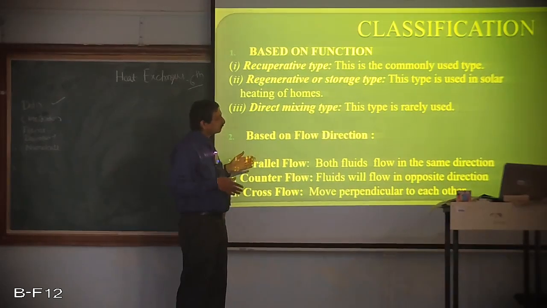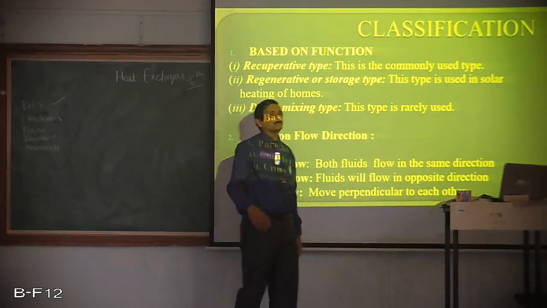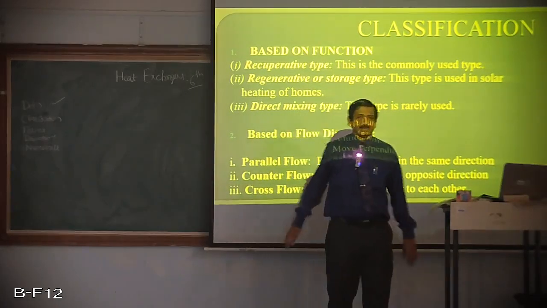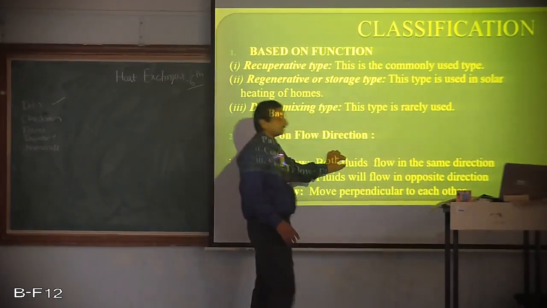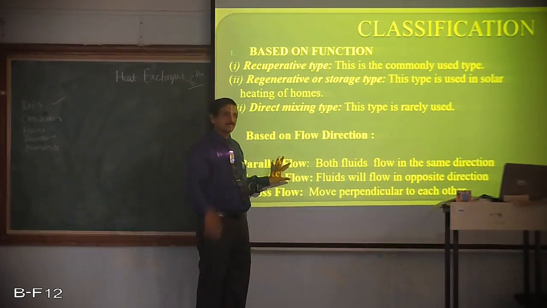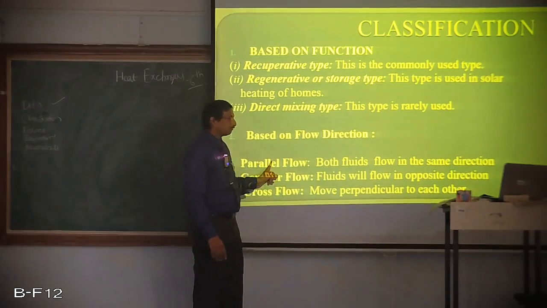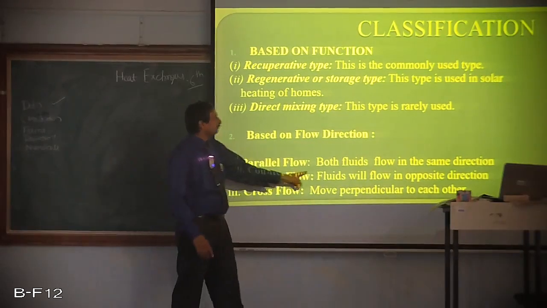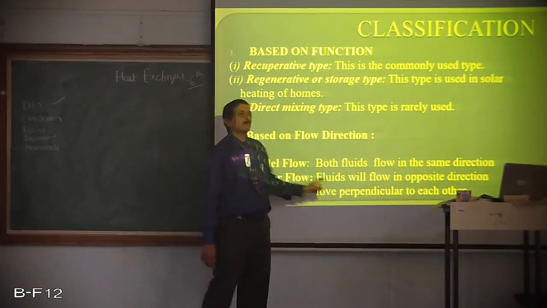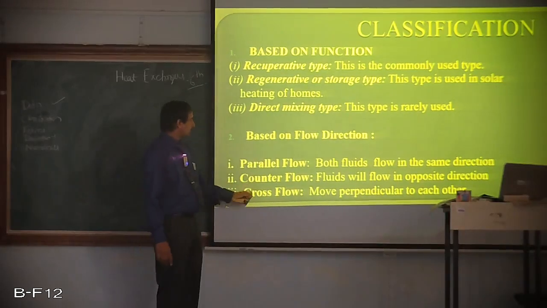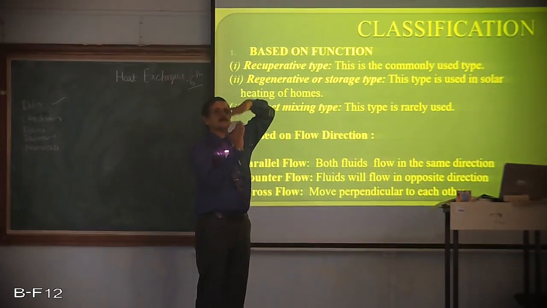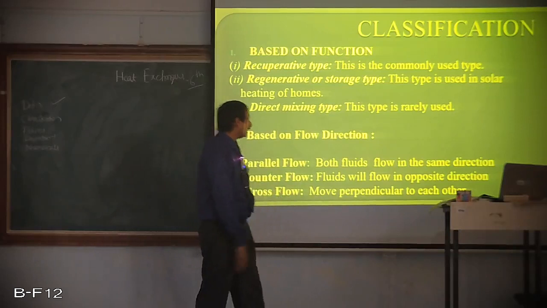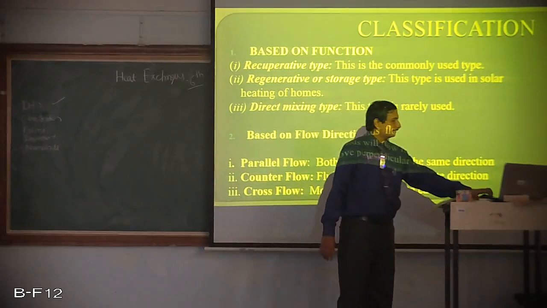If both fluids are entering the heat exchanger in the same direction and leaving in the same direction, it is called parallel flow. But if both fluids flow in opposite directions, it is called counter flow. If they are going in a perpendicular way, it is called a cross flow heat exchanger.